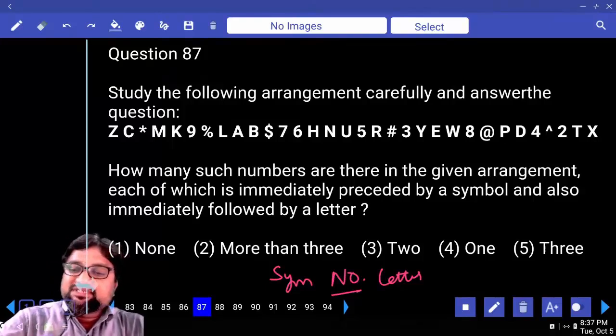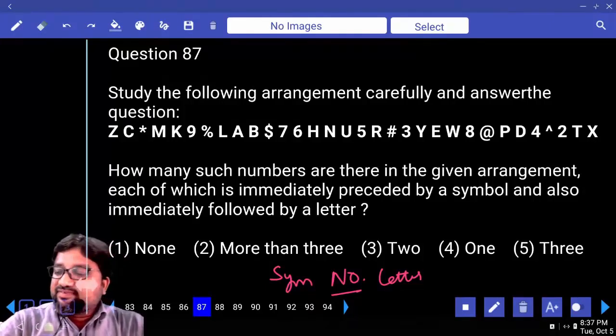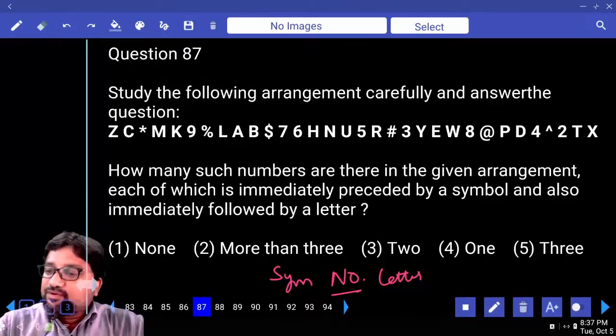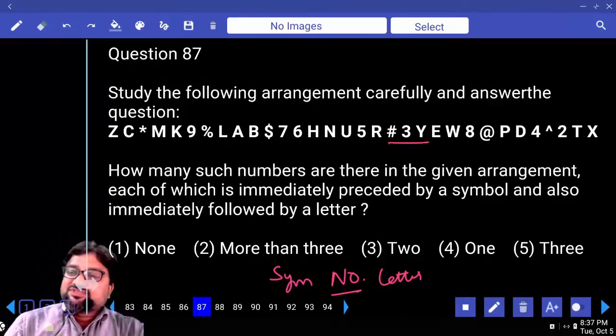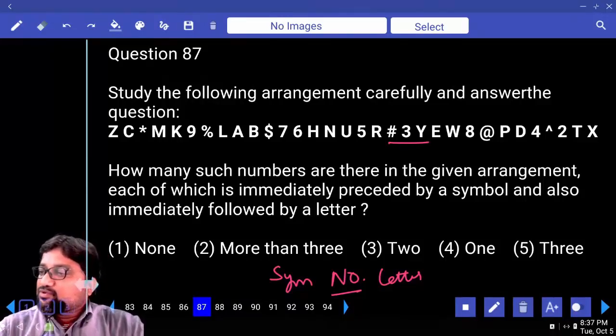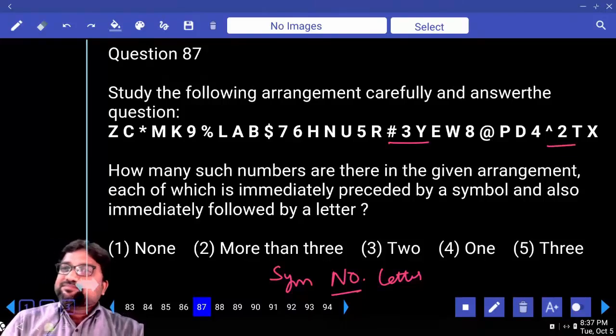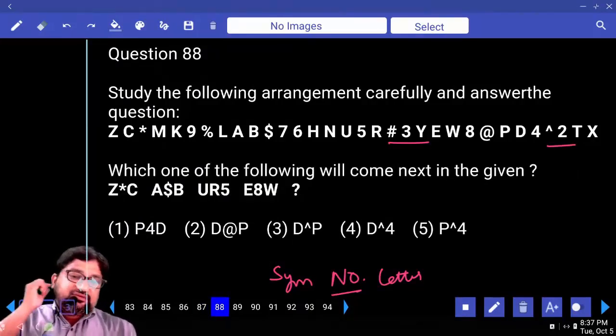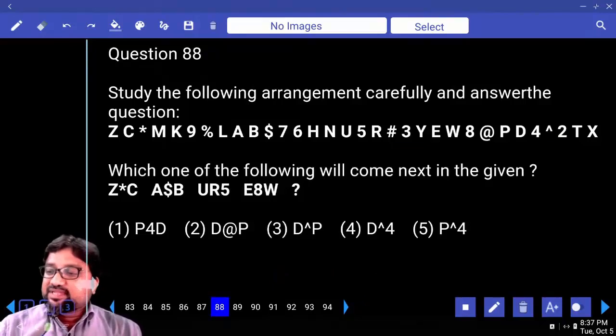Star, no. Percentile, no. $7 happy, but letter is not followed. #3y, okay. Very good. Next, @p not allowed. Power 2t. So how many will I get? 2. Very good, 2.